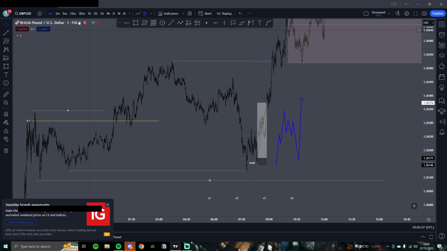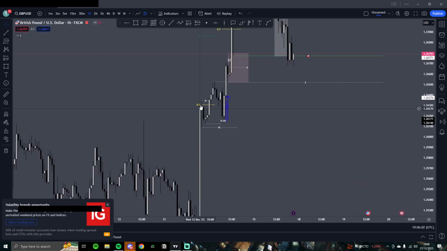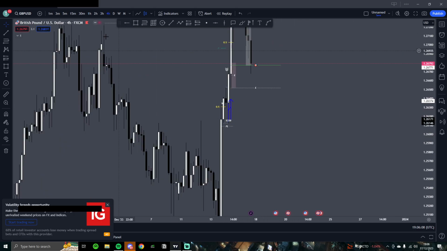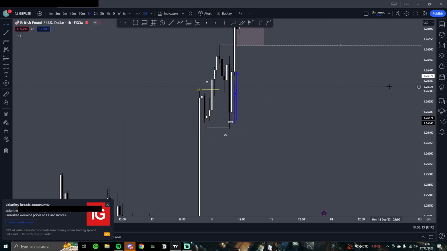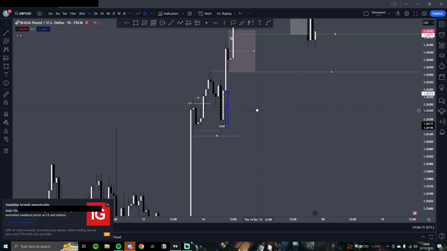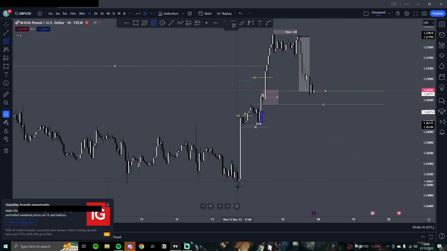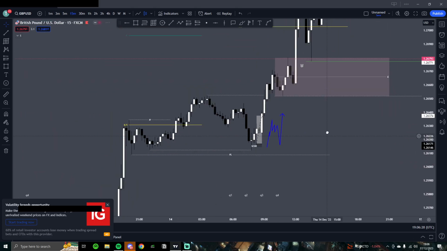But the reason I didn't was quite simply because, even though it was a nice break here, on the 4 hour it obviously doesn't look like much, and because it isn't that strong a break, you could say that the market was stalling, so it could be pending a retracement. And if it's pending a retracement, then I'd be looking for sells to at least down here. So I was targeting that 15-minute order block because there was potential for sells in this situation.